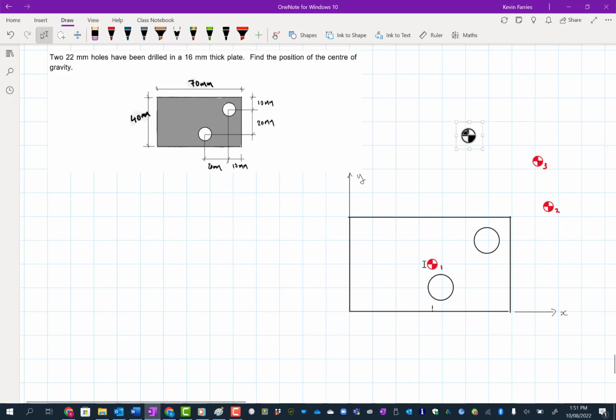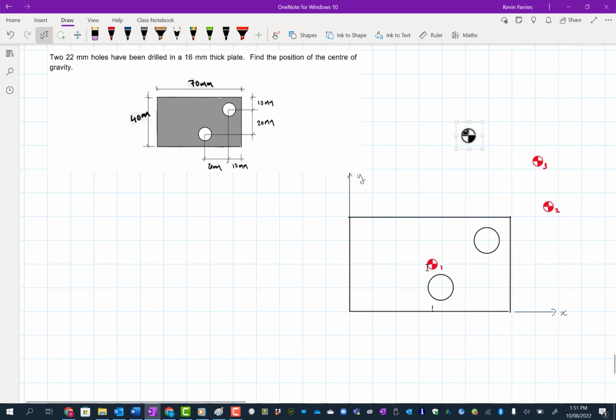Okay, so what I'm going to do is the same as last time. So we've got these dimensions. I'm going to translate those to X and Y positions on this diagram. I'm going to put on my little red centroids for each of the simple shapes.